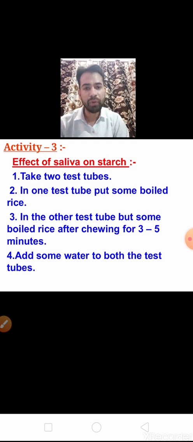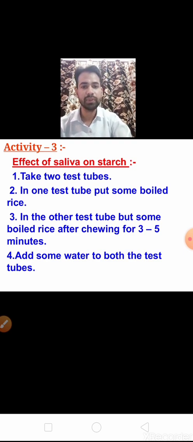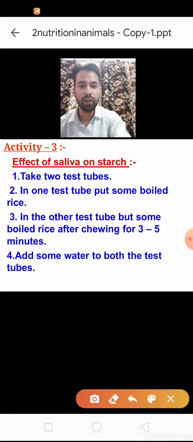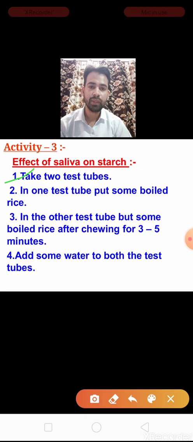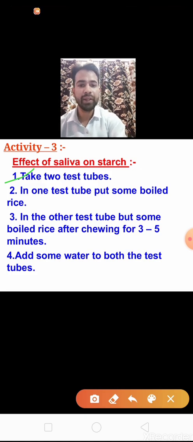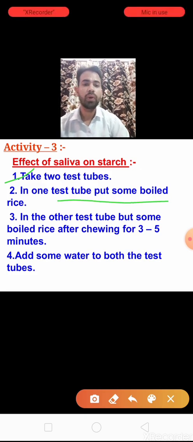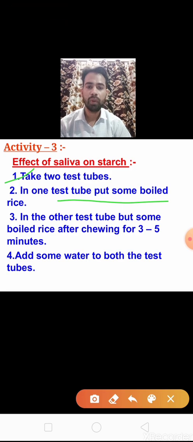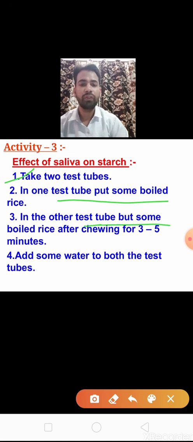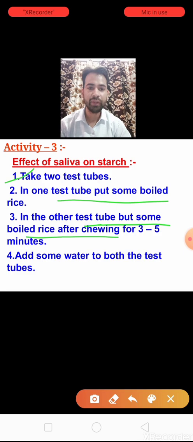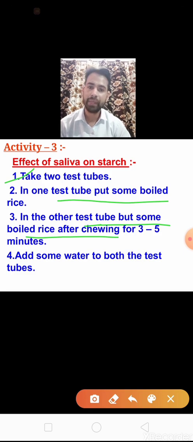And how can we perform this activity? See the procedure here. First of all, we take 2 test tubes. In one test tube we put some boiled rice, and in the second test tube we put boiled rice after chewing for 3 to 5 minutes.